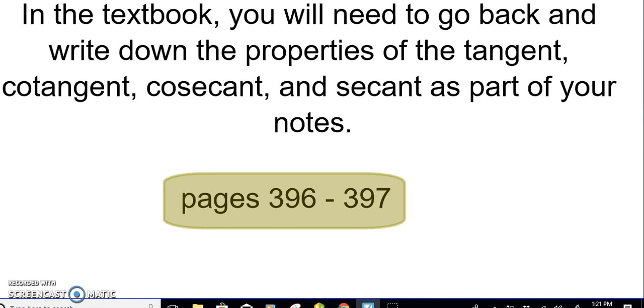In each one of these, for tangent, cotangent, cosecant, and secant, there are notes or properties that I need you to write underneath each graph, because they're going to help you with remembering where things are, and also with answering questions later on. So grab a book if you don't already have one, find the properties, and write them down for each of these 4 graphs. At this point, you should have all 6 graphs, and so we're good on that. All right, cool.